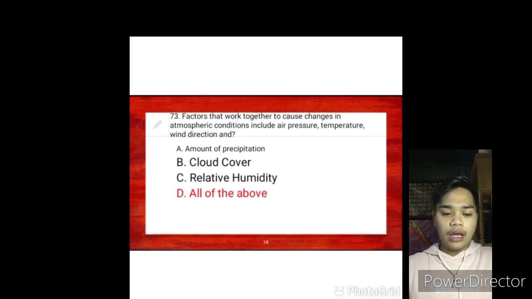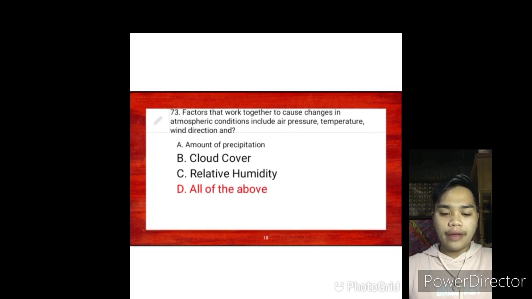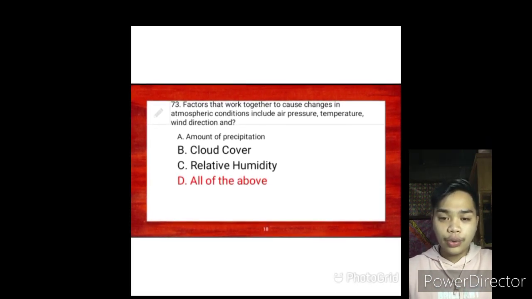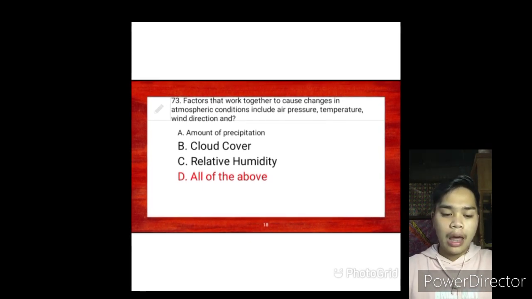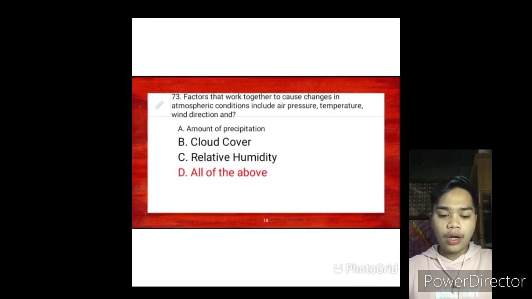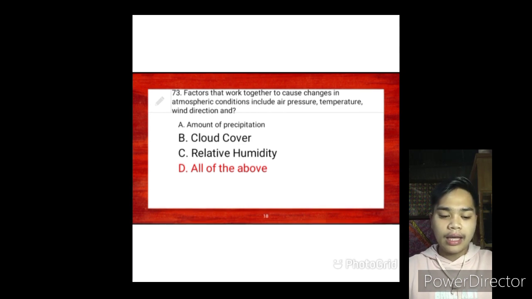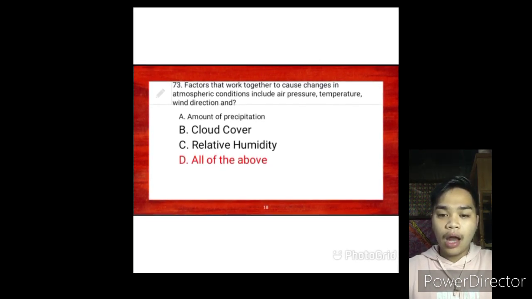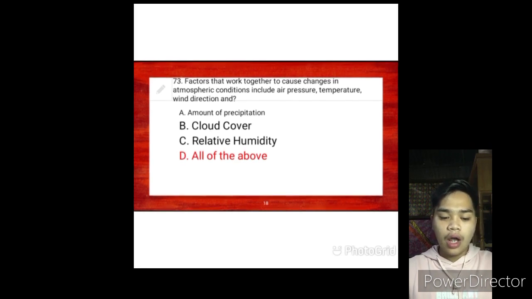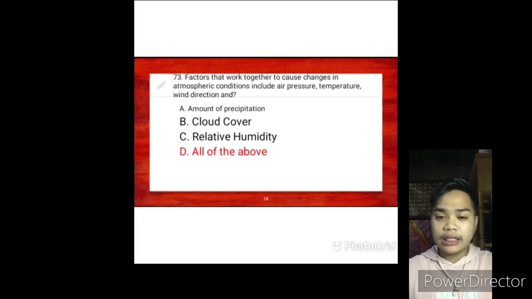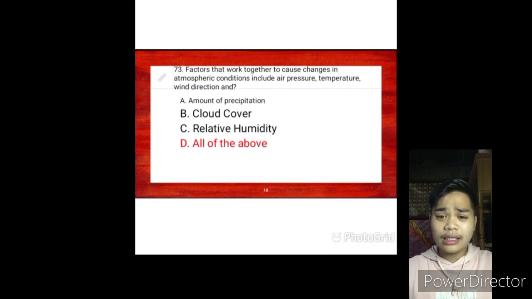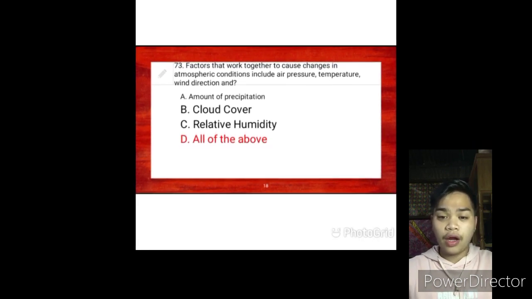Number 73. Factors that work together to cause changes in atmospheric conditions include air pressure, temperature, wind direction, and blank. Letter A, amount of precipitation. Letter B, cloud cover. Letter C, relative humidity. And letter D, all of the above. So let's look for the meaning of atmospheric condition.